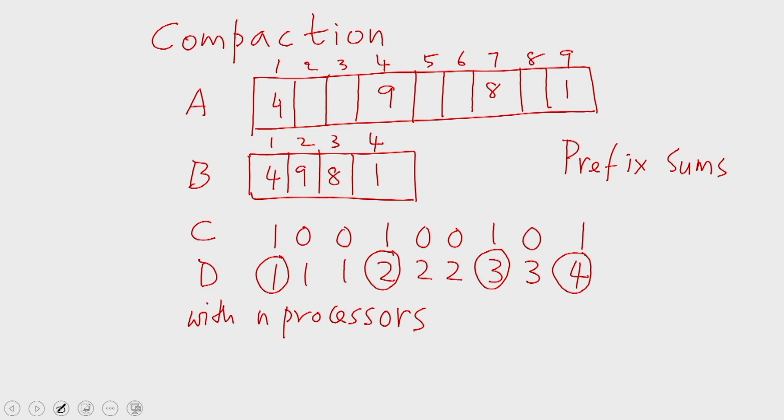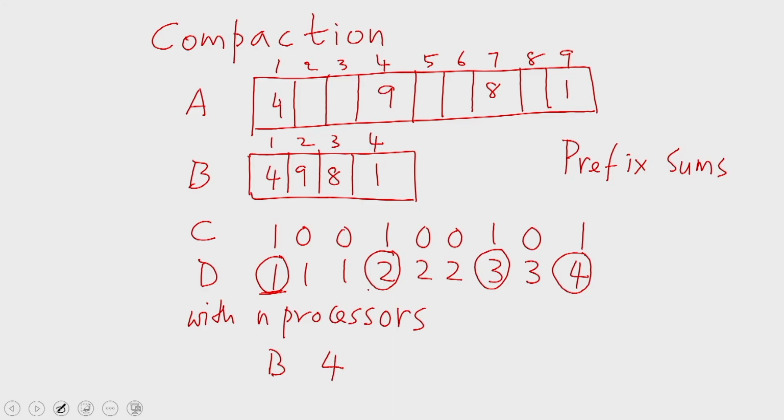So, if a processor is qualified, then the processor will copy the corresponding location of A into the index provided here. So, the processor that is sitting on the first element of D will copy the corresponding element, which is 4, into the first location of B. So, B is going to contain 4 in its first location.